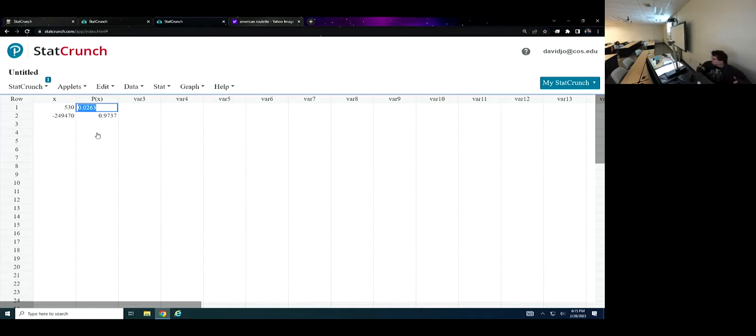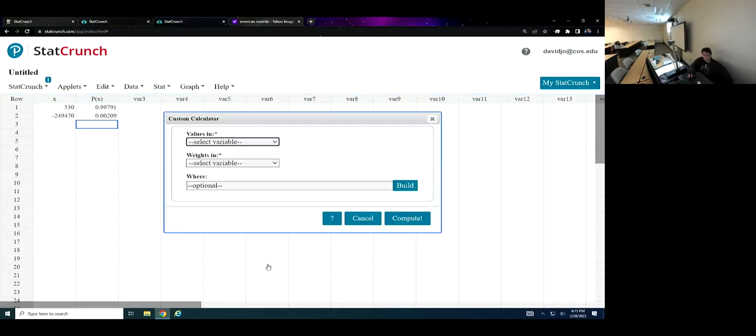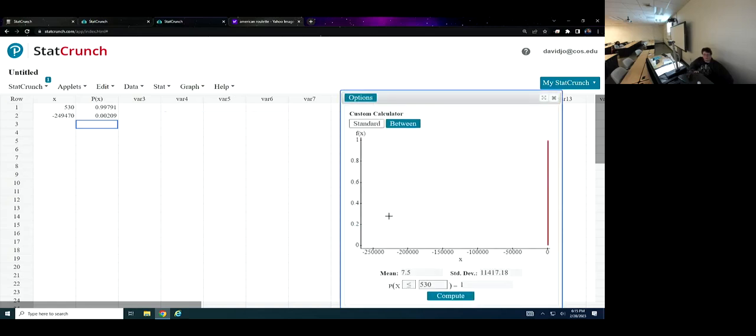The probability for the top row was 0.99791, and the bottom row was 0.00209. Then stats, calculators, custom. We tell it where our X's are, we tell it where our P of X is. It does all the work, and the number you're looking for is the mean. The mean is 7.5, or $7.50.